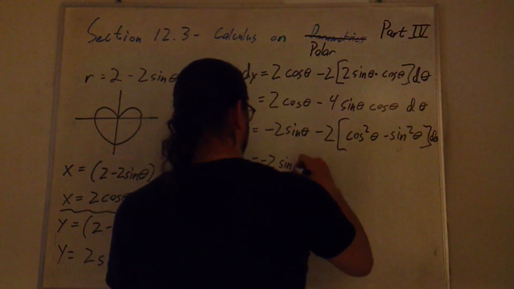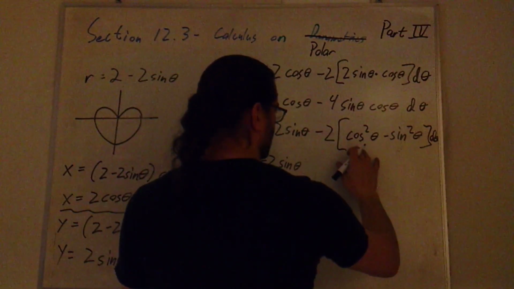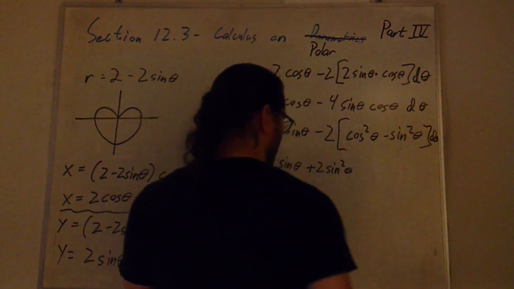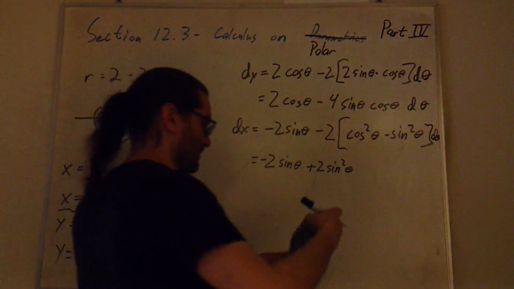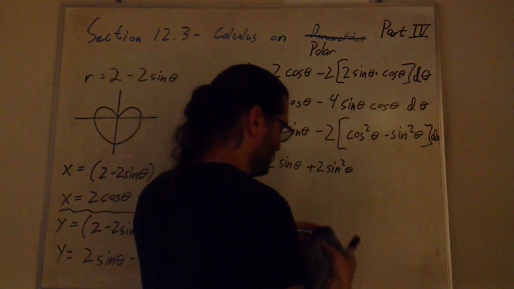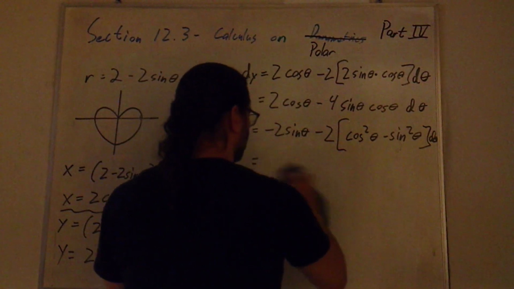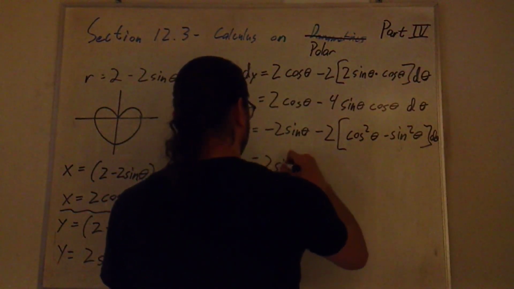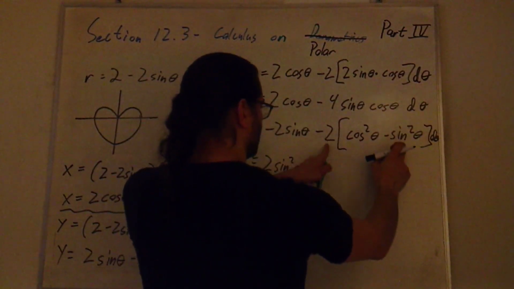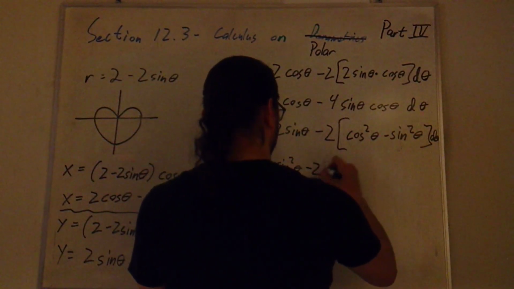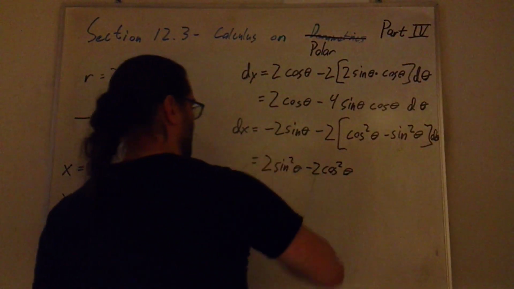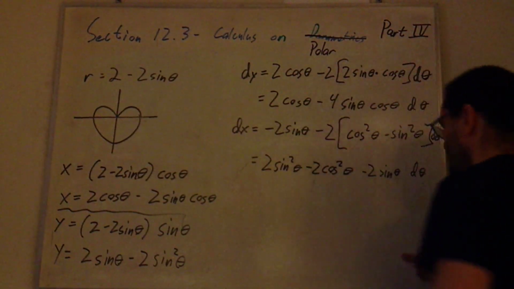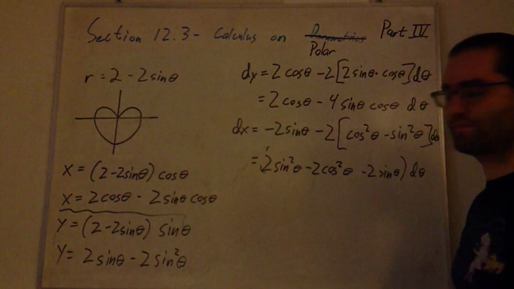I'm going to standard form this guy. I'll put the positive 2 sine squared as the first piece, a negative 2 cosine squared as the second piece, and this minus 2 sine theta as the last piece. d theta, we all know, applies to the whole thing.